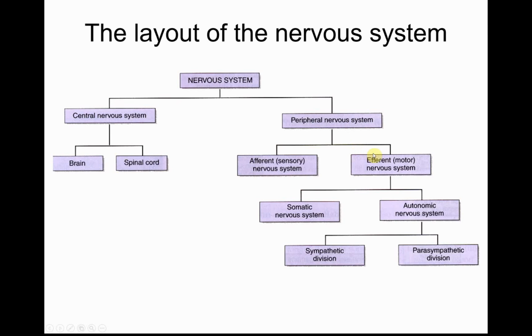So always keep that in mind. This is all part of the motor, sending things to effectors. But the effectors here tend to be a bit different. Things like your smooth muscle in your blood vessels, in your digestive system, cardiac muscle, so the heart, and also glands. Okay, and this is subdivided into the sympathetic and the parasympathetic nervous system.